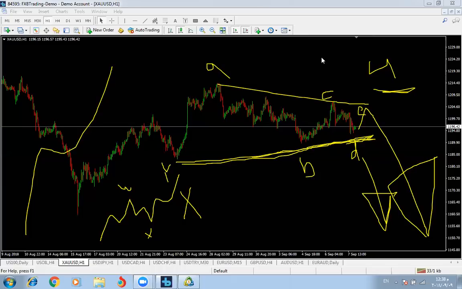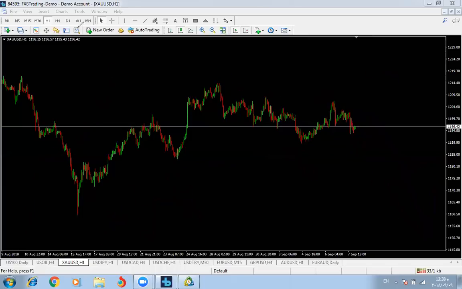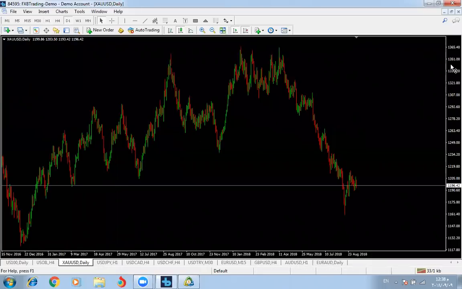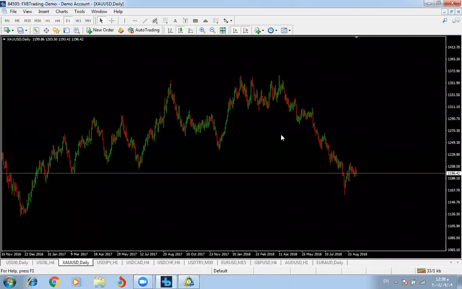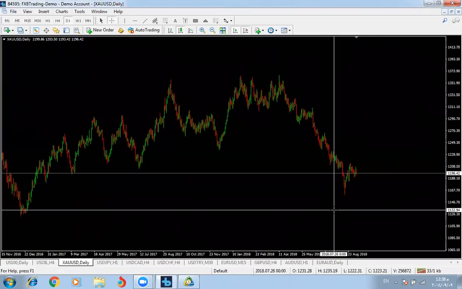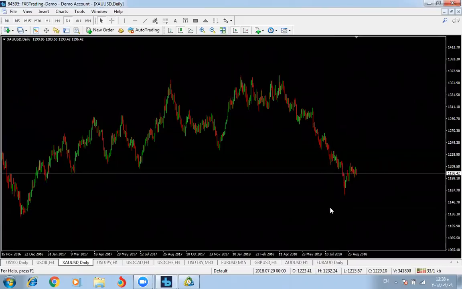I will tell you something about gold. As I told you before, our target is around 1,130 area. But to be honest with you, we may have other counts.